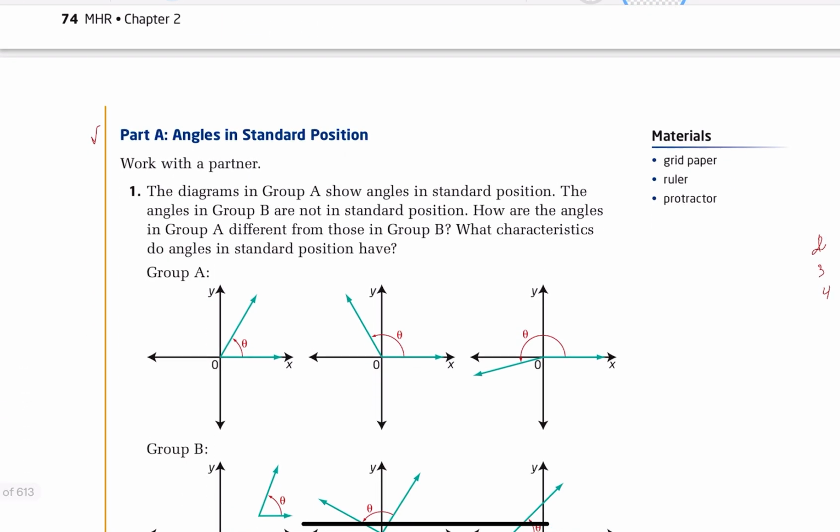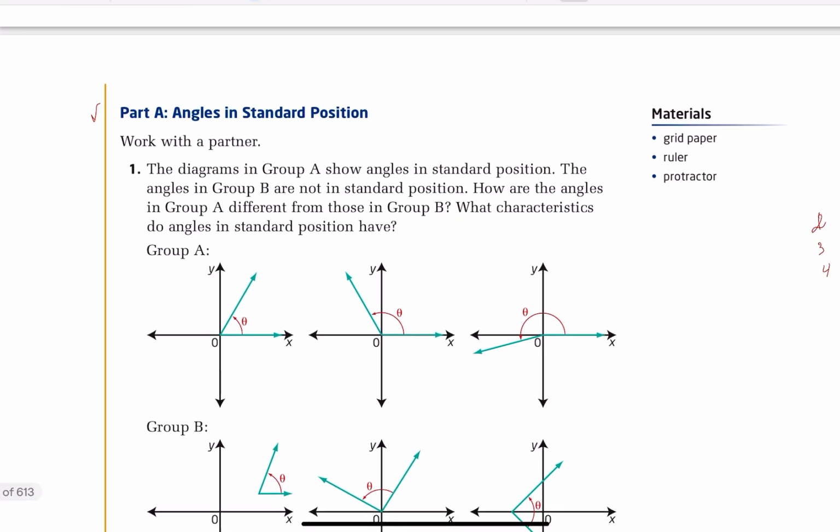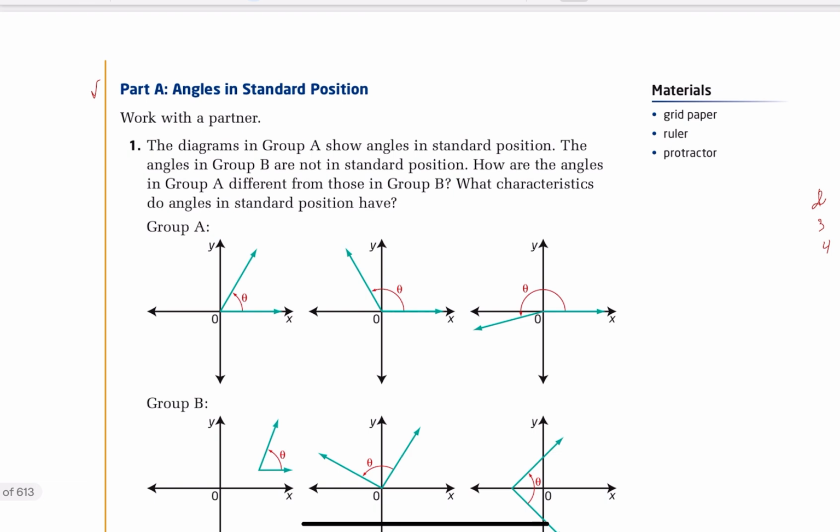So now let us see what angles in standard position are. An angle is said to be in standard position if its starting arm starts from the x-axis and the end arm lies in one of the quadrants, as we said before, 1 or 2 or 3 or 4.